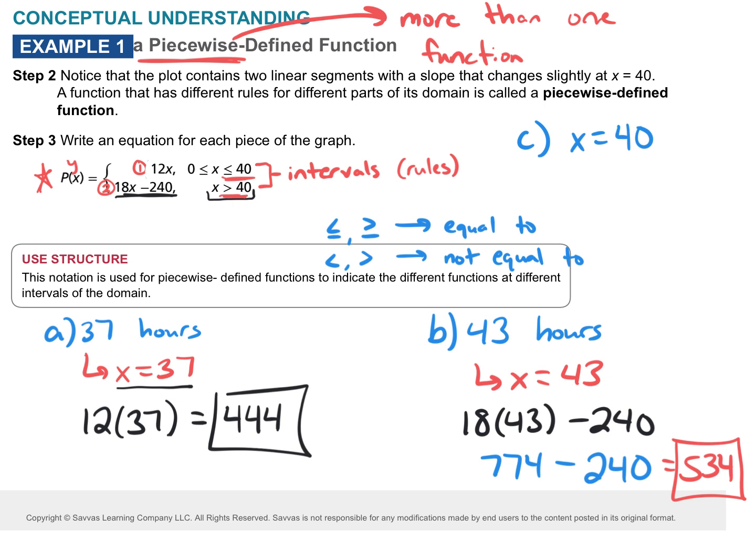Function 1. So this is what we would choose for x equals 40, because it's equal to 40. So we take 12 times 40, which equals 480. Good.